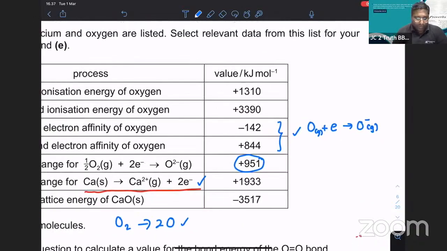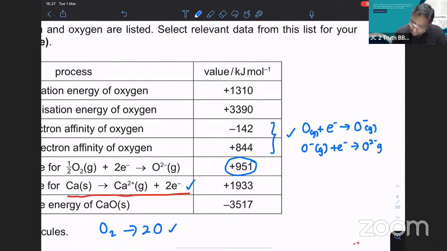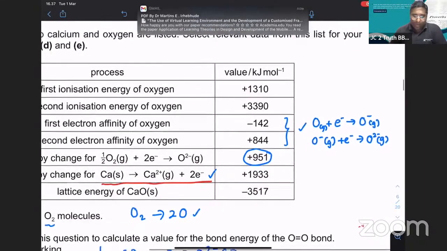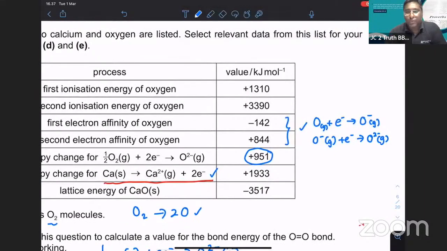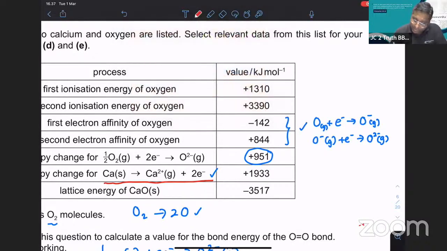And if it is the second electron affinity, it means it's already O minus gas. You add another electron, you are going to get O2- gas. What I can do now is combine these two equations. If I combine them, I will notice that certain values will disappear. For example, this one and this one are the same, so I can cancel.